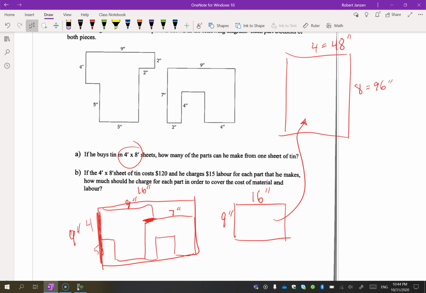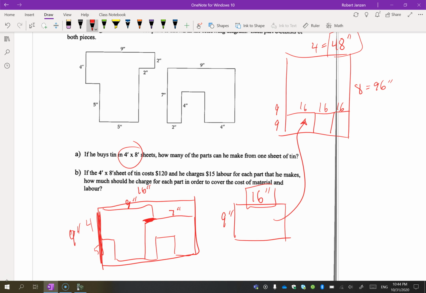Well, first of all, let's look at the 16 inches and see how it fits with the 48 inches. If you do 16 inches, you're going to find that you can do it 3 times. So we can fit 3 across, and then how many times does 9 inches fit into 96?